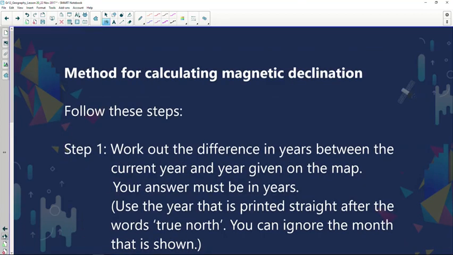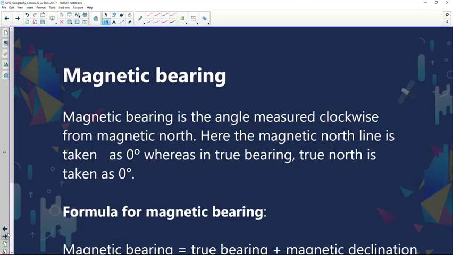Okay, let's quickly look at our final topic, magnetic bearing. What we're basically going to do over here is combine what we've learned today: determining bearing using your north-south line from where and to, using your protractor in the clockwise direction, and the magnetic declination, and we're going to add the two together.